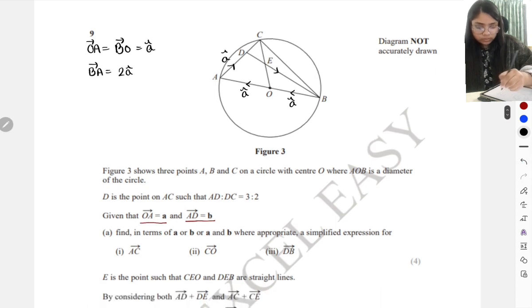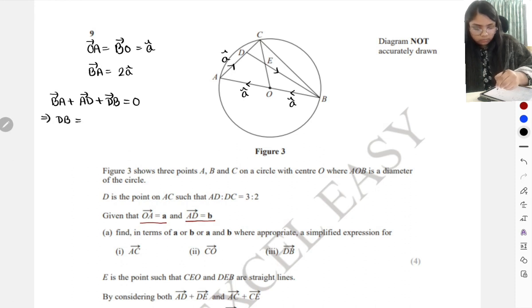Finally, for the last part, I'll just rearrange the formula. That is going to be BA plus AD plus DB equals 0. So DB is going to be minus AD minus BA.